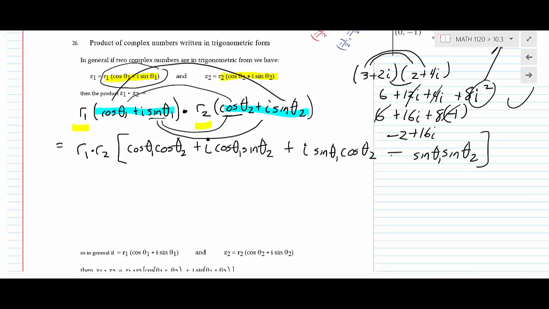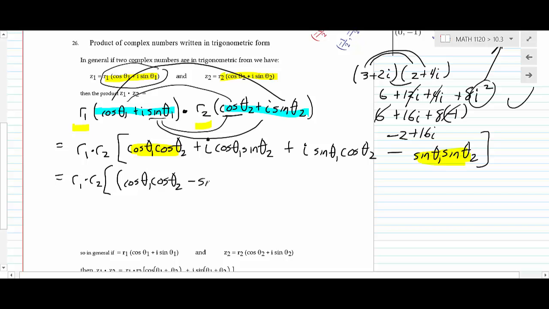Okay, now I'm going to see how observant you guys are, okay? I'm going to basically look at those things right there. I do want you to write this down. Let's bring this down as r1 times r2, and then let's group this together: cosine theta 1 cosine theta 2 minus sine theta 1 sine theta 2, like that, all right?